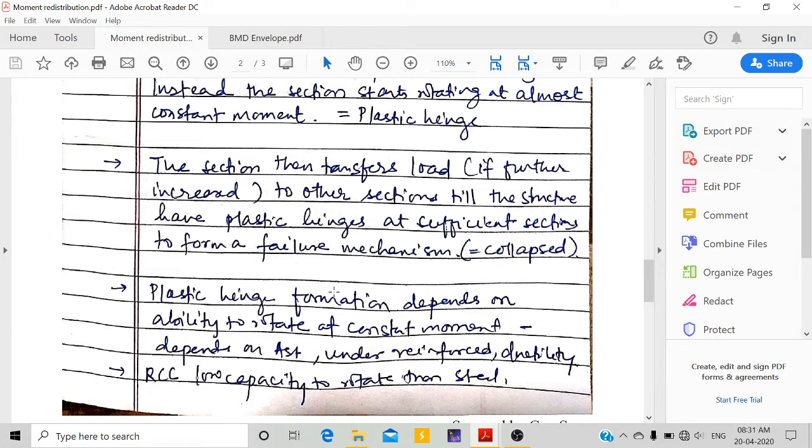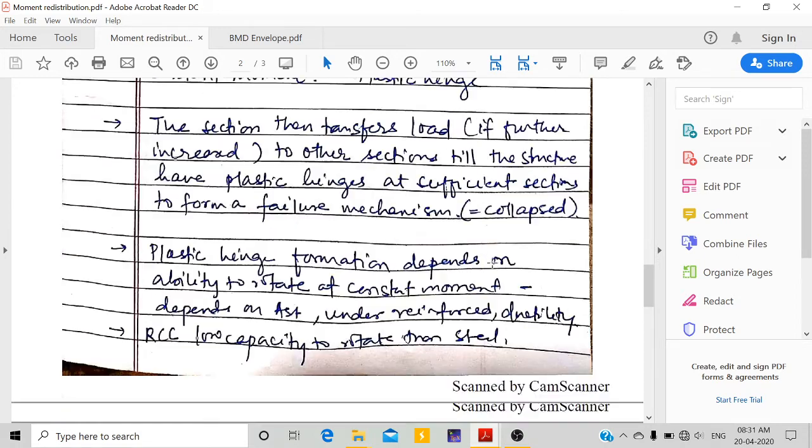Plastic hinge formation depends on the ability to rotate at constant moment, and on the area of steel being under-reinforced. So we should design under-reinforced for this. If you are using the moment redistribution method, ductility matters: RCC has lower capacity to rotate than steel. That's why this method is more common in steel.